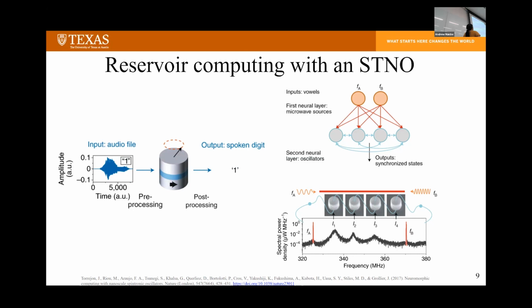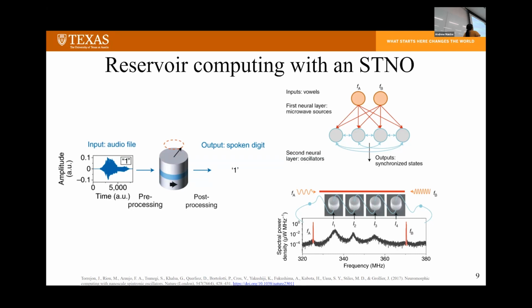On the right image is another kind of pattern recognition that they were able to achieve with reservoir computing. Over here, it shows how you can couple several nano oscillators to help recognize vowel sounds or letters. In the bottom image on the right, the way they were able to do this was they inputted 2 microwave signals into a strip line to the oscillator.